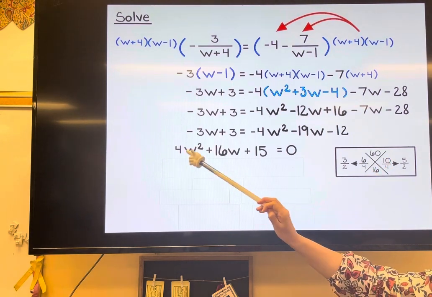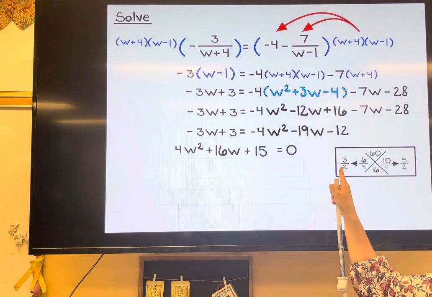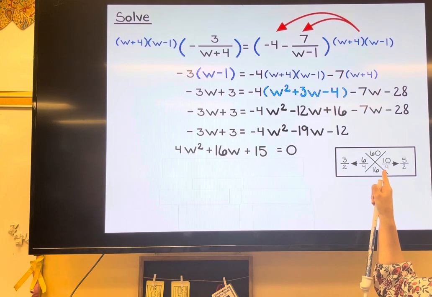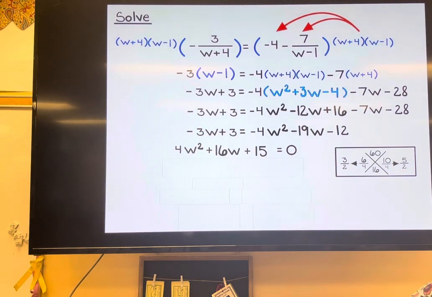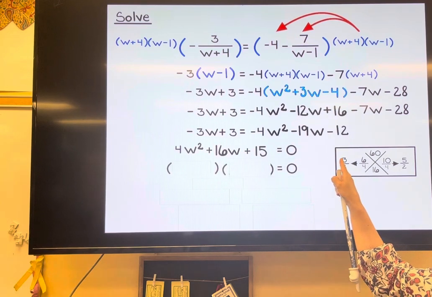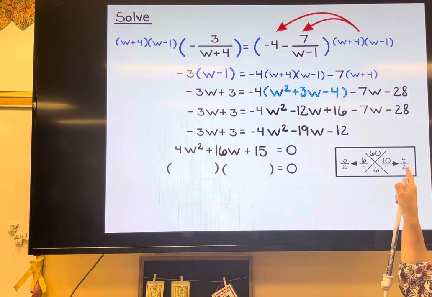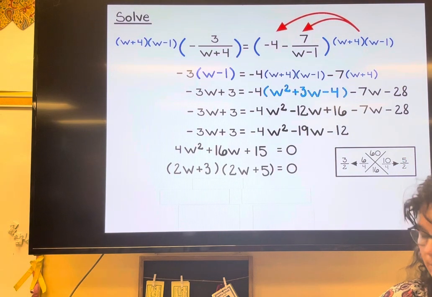Over the number in front, so over 4, 6 over 4 simplifies to 3 halves, 10 over 4 simplifies to 5 halves. So this is going to end up factoring to 2w plus 3 multiplied by 2w plus 5. We've gone over factoring a million times, so I'm not going to say too much more about that.